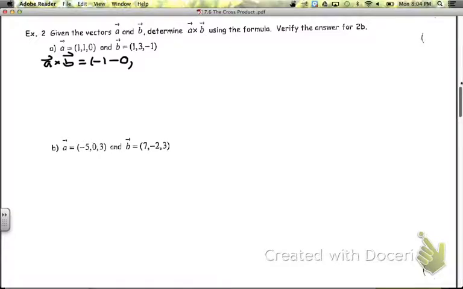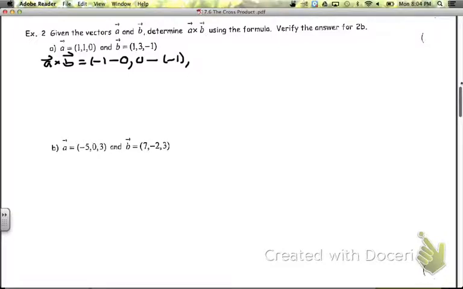Our next one, we do A3, which is 0, times B1, which is 1, so we have 0, minus A1, so 1, times our B3, negative 1, so minus negative 1.